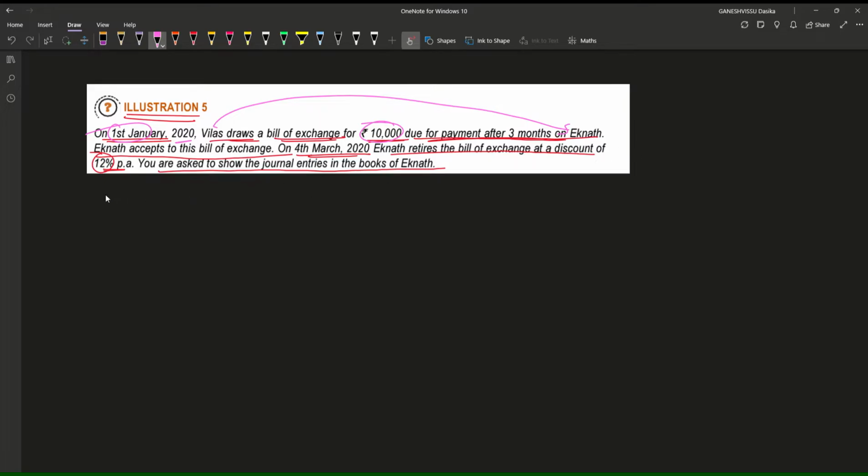So here is the entry on 1st January 2020: Vilas account debit to bills payable account, being bill accepted, for 10,000 rupees.